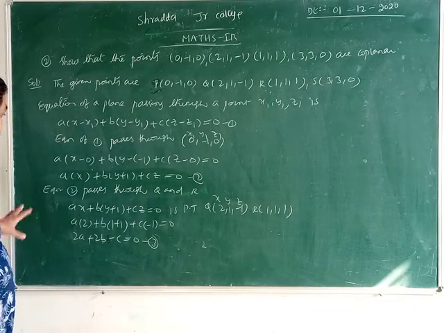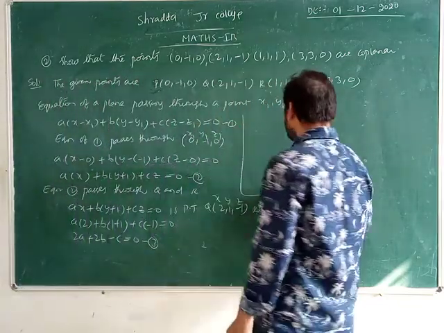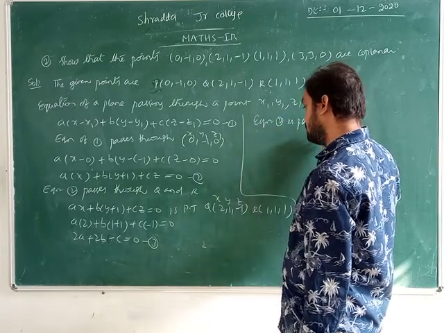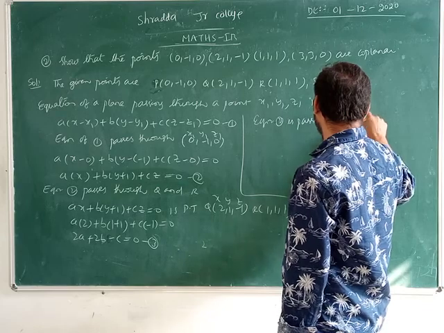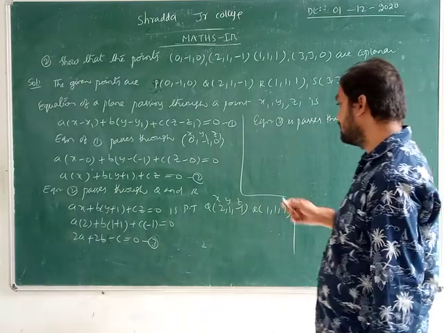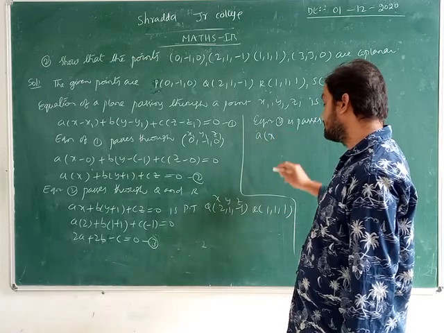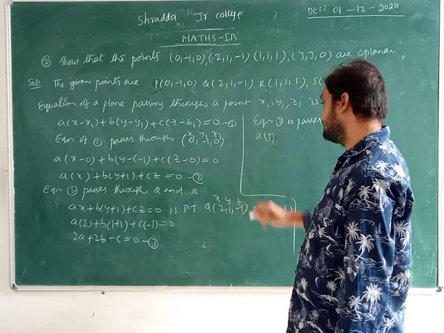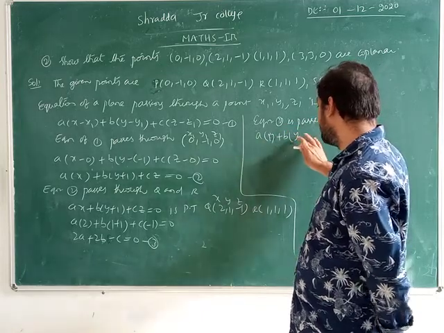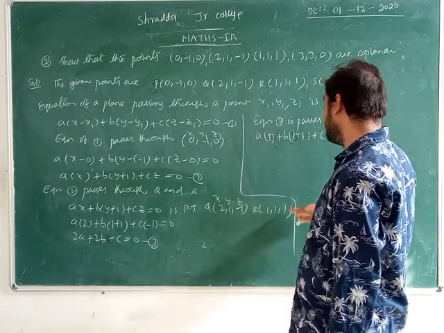And next, equation 2 passes through R. So what are we getting here? a into x minus 1, that is 1, plus b into y plus 1 means 1 plus 1, plus c into z, which is 1.